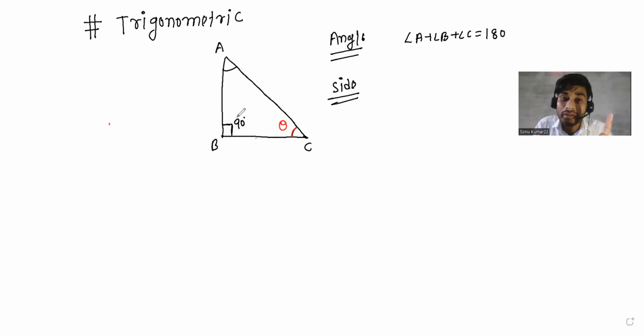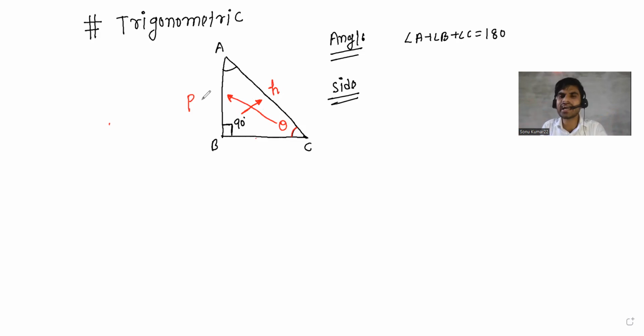The side opposite to the 90 degree angle, the right angle, is called the hypotenuse, denoted by h. Similarly, the side opposite to the theta angle is called the perpendicular, denoted by p. H for hypotenuse, p for perpendicular.